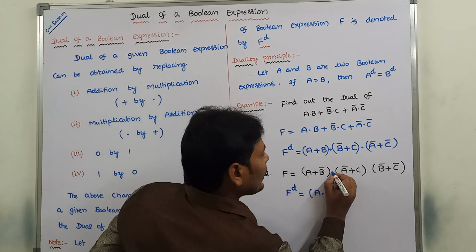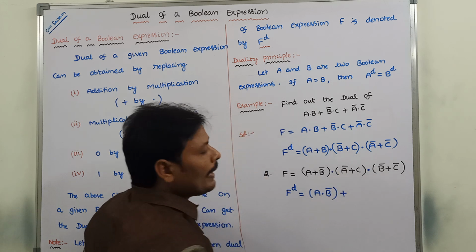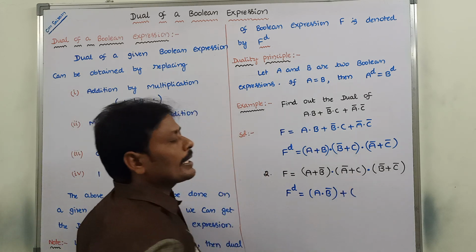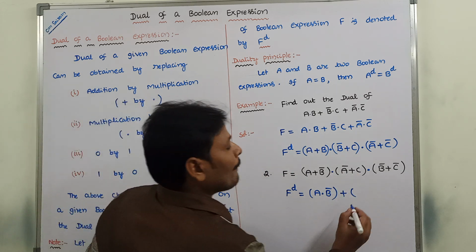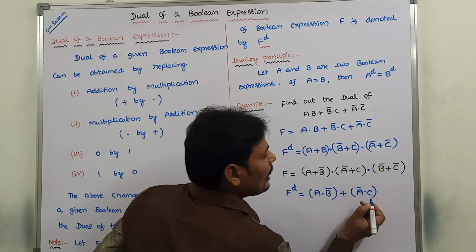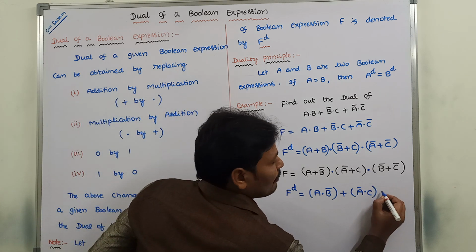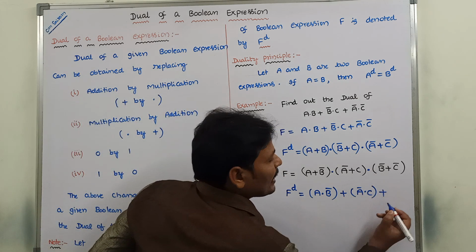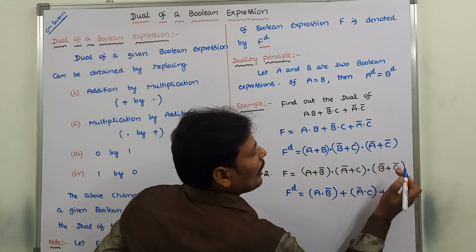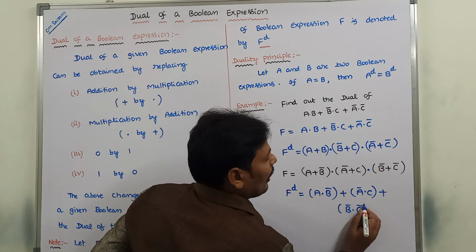Next one, here the into symbol is there. This into symbol can be replaced by plus. Next one, A bar plus C can be replaced by A bar into C. That means plus can be replaced by into. Next, the multiplication symbol can be replaced by plus. Next one, B bar plus C bar can be replaced by B bar into C bar.